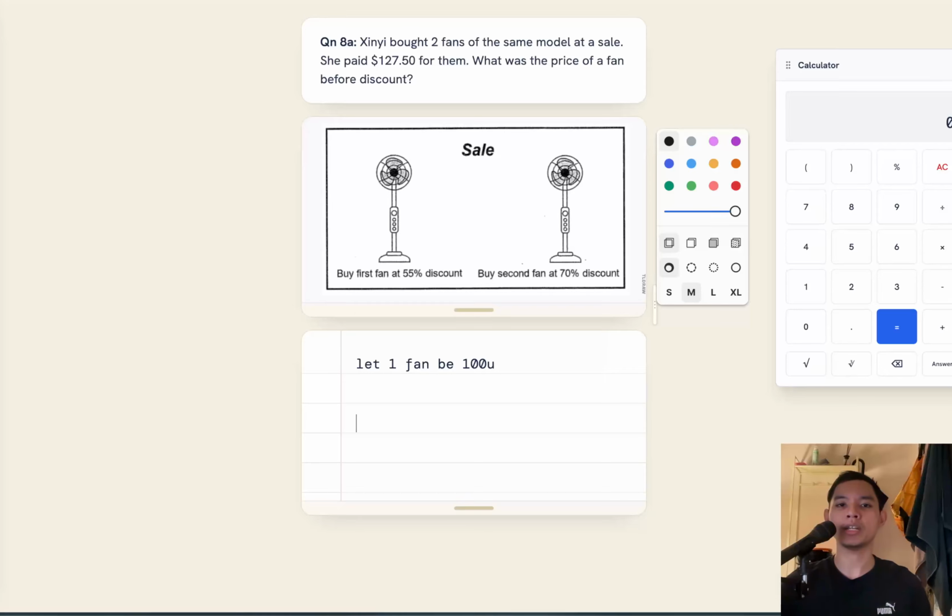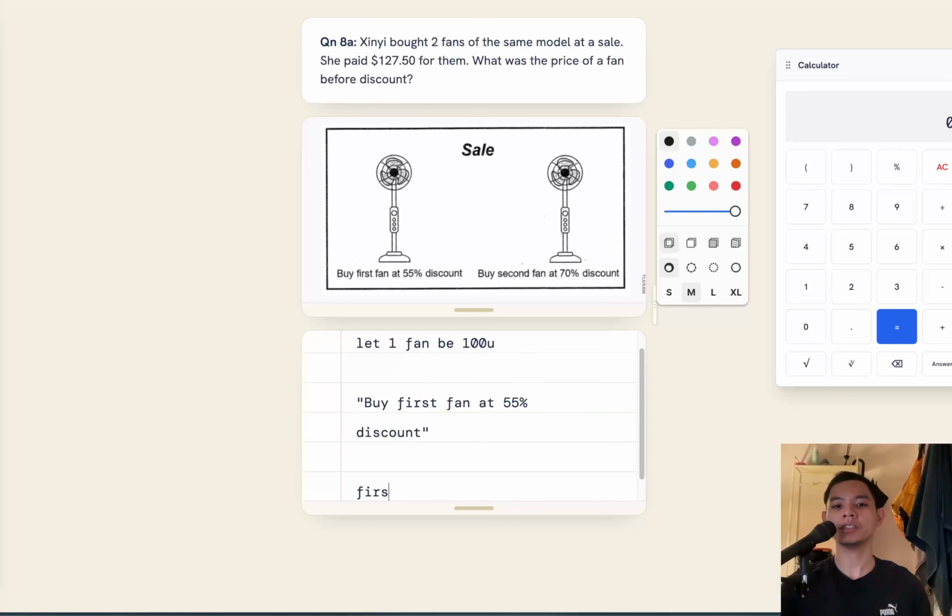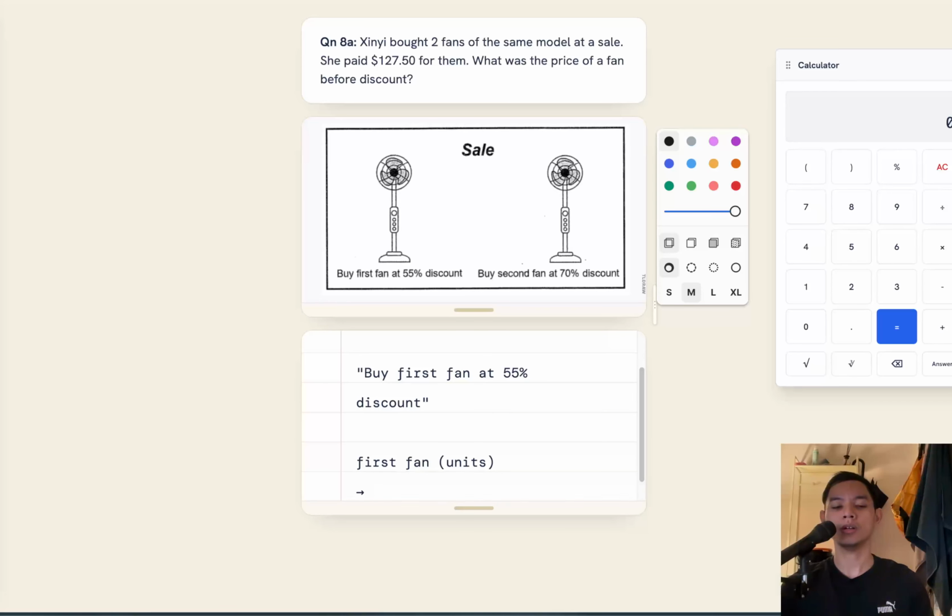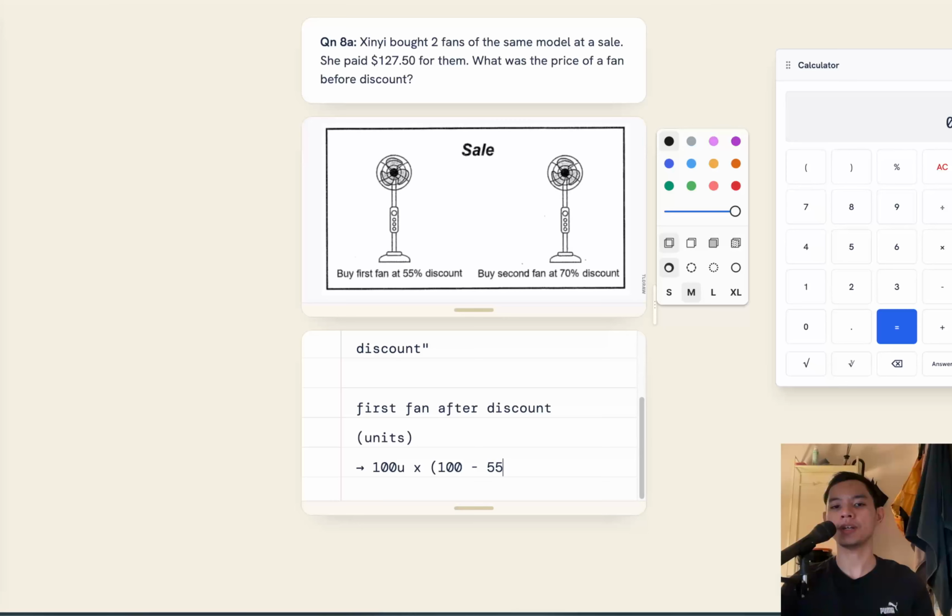When you see this statement, buy first fan at 55% discount, that means the first fan in terms of units, after discount, would be equal to 100 units times 100 minus 55%. In this case, this will give us 45 units.